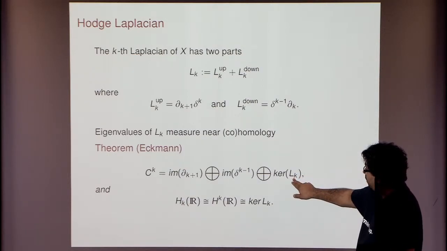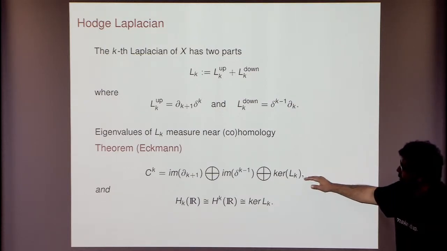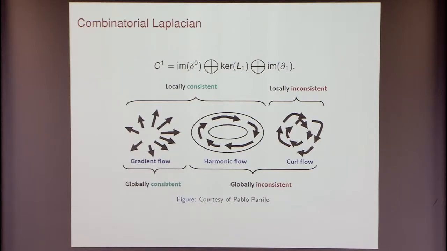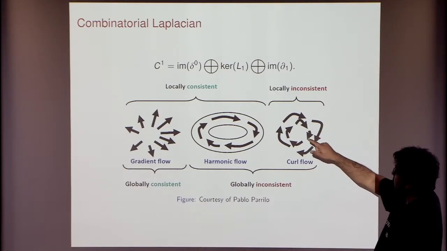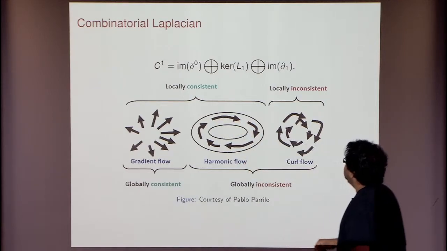Now, a very nice picture that I think gives you some of the intuition of what this type of theorem does, let's say for the one Laplacian, is something I stole from Pablo, which is, if you think about the vector space C1, you can break it up into parts that are harmonic flows. This is the kernel of the Laplacian.